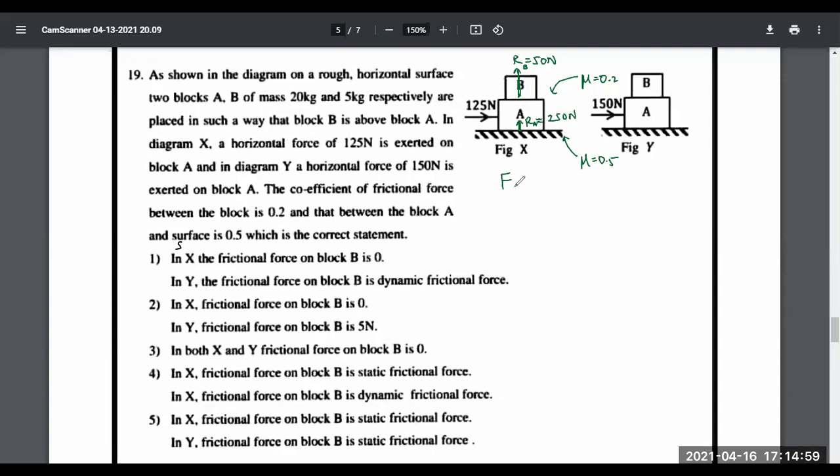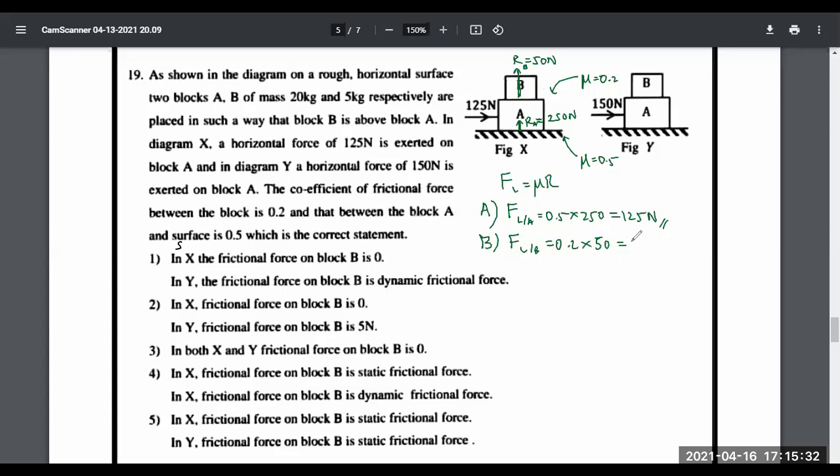So let's use this equation: limiting frictional force equal to mu R. For A, when you apply this, FLA is equal to 0.5 into 250. So what is the answer? 125 Newton, right? And for B, FLB is equal to 0.2 into how much? 50, isn't it? 0.2 into 50.